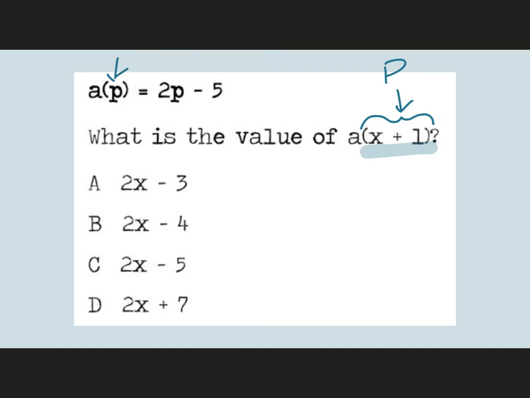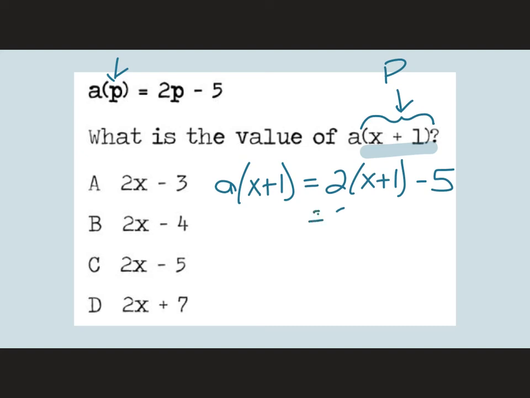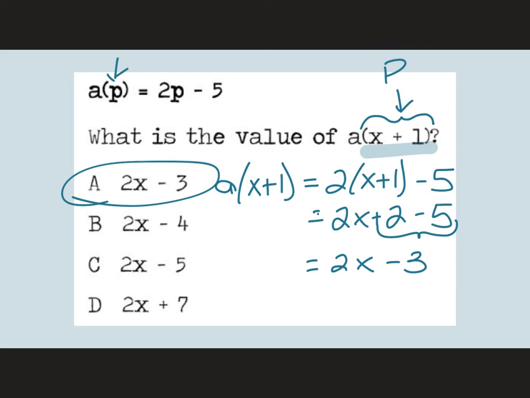So a of x plus 1 equals 2 times (x plus 1) minus 5. Now, if you notice, none of our choices match this, so we have to do some simplifying, and none of them have parentheses. So we're going to distribute: 2x plus 2 minus 5. We have like terms to combine: 2 minus 5 is negative 3, so that would be 2x minus 3. So A would be our best choice in this case.